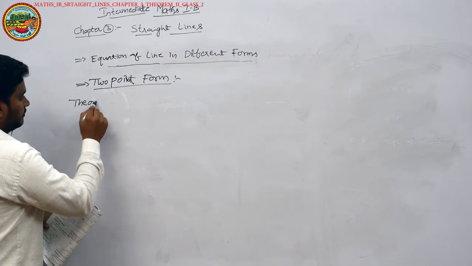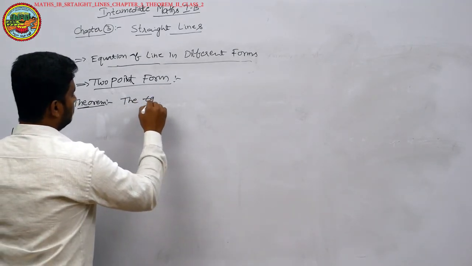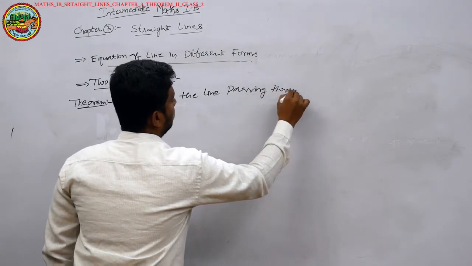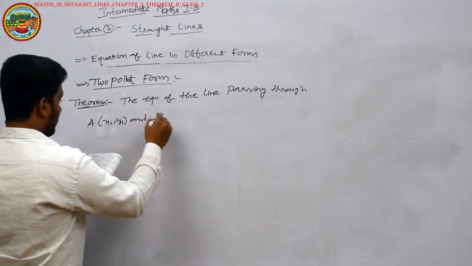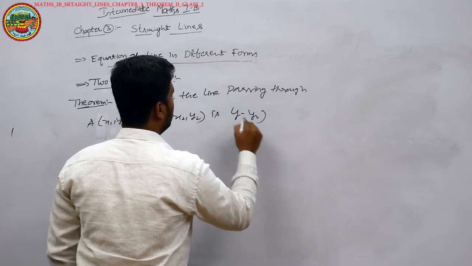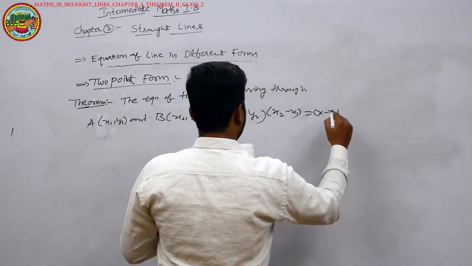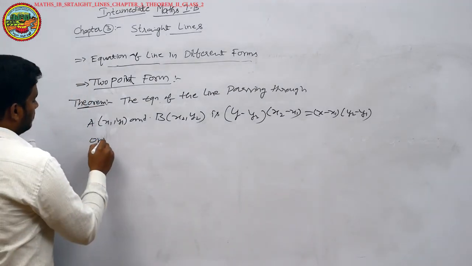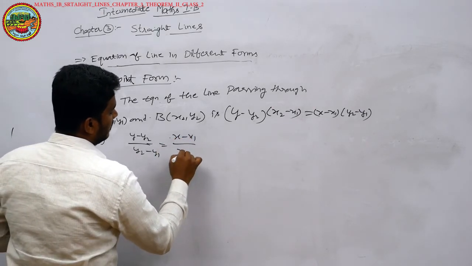Theorem: the equation of the line passing through 2 points A(x1, y1) and B(x2, y2) is y minus y1 into x2 minus x1 is equal to x minus x1 into y2 minus y1, or we can write it as y minus y1 by y2 minus y1 is equal to x minus x1 by x2 minus x1.